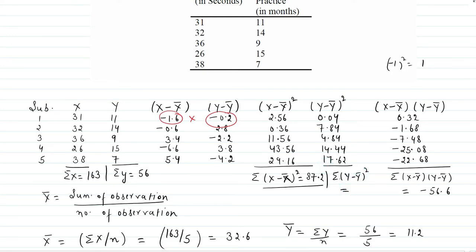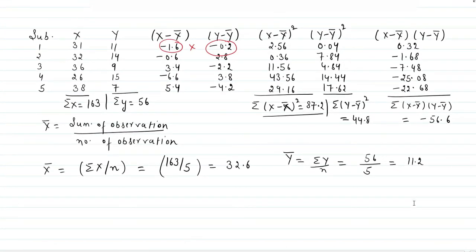44.8. So let's see what the correlation coefficient of these is. Now the formula for finding the Pearson correlation coefficient is R equals the summation of x minus x bar times y minus y bar, upon n sx sy.